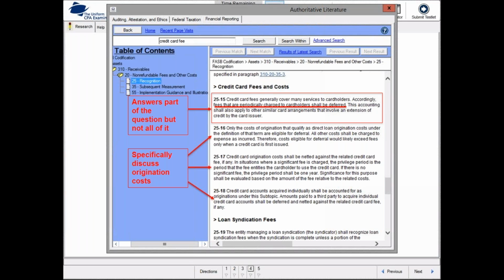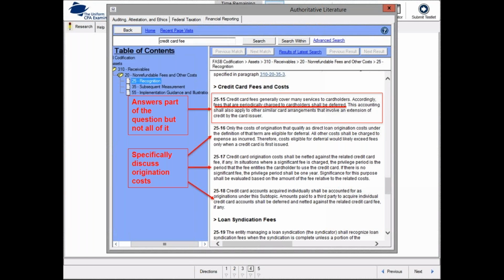We're looking for annual fees, and a lot of what's in here is specifically discussing origination costs, which is not what we want. Then we also do have this section 25-15 that actually answers part of the question, but not all of it. So let's read it really quick.